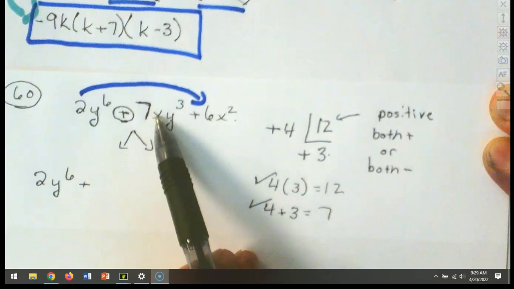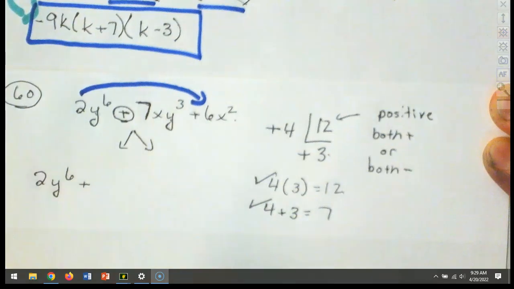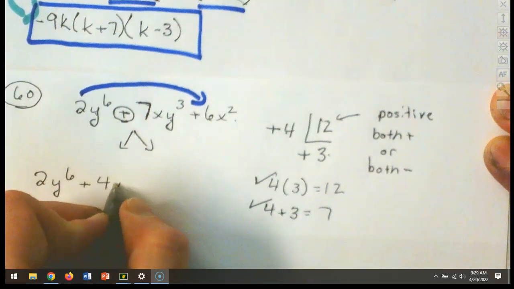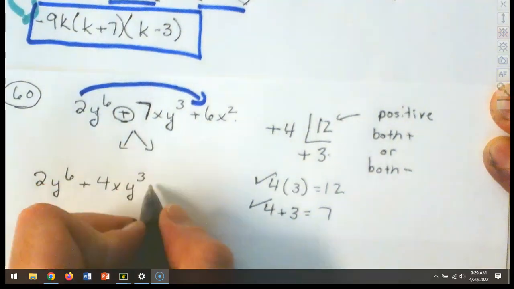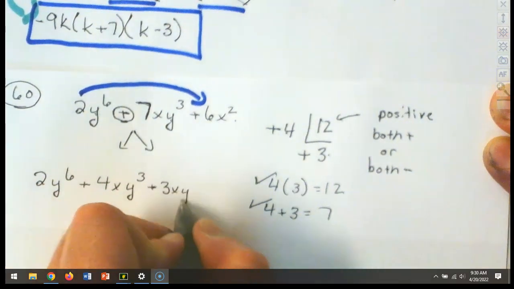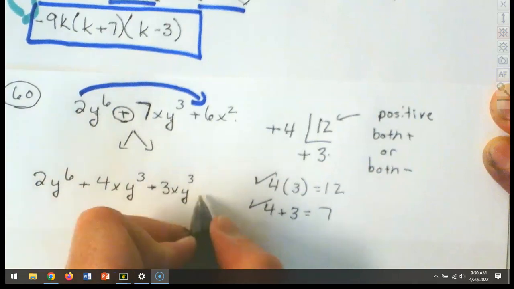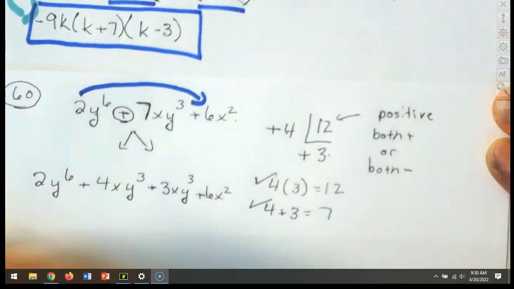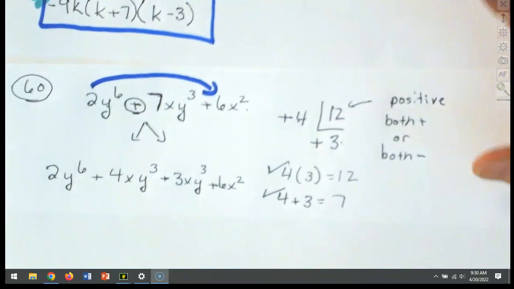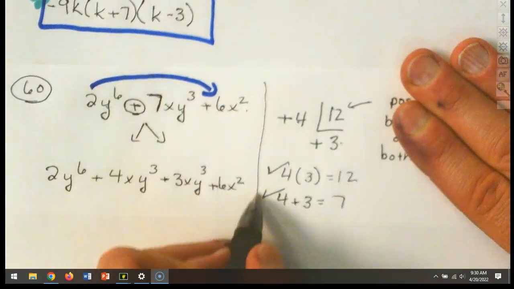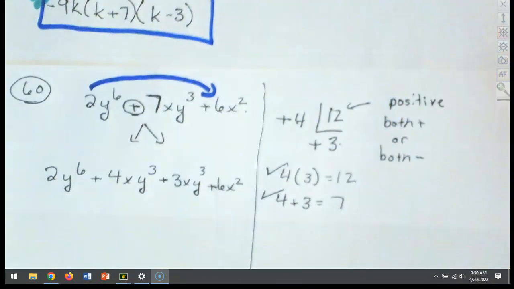But what do they have with them? xy cubed. So we have 4xy cubed, and we've got a 3xy cubed, and then we have a 6x squared. The ends always stay the same.